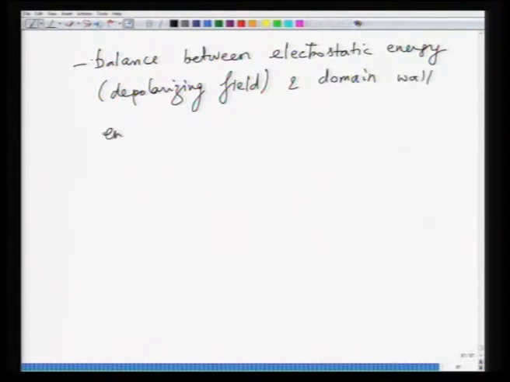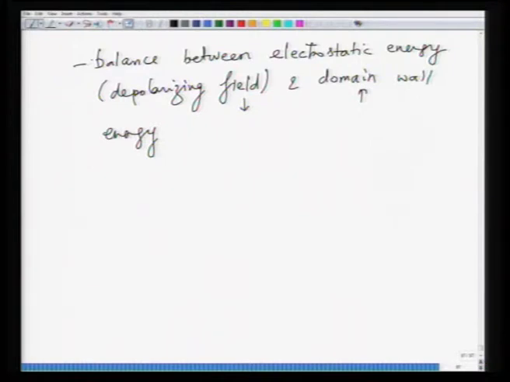What we will do a little later in this lecture is find a balance between these two energies in order to find the optimum domain size that we will obtain. So, this reduces the energy of the system, this increases the energy. We need to find a balance between these two.